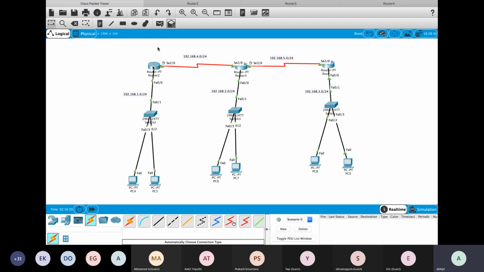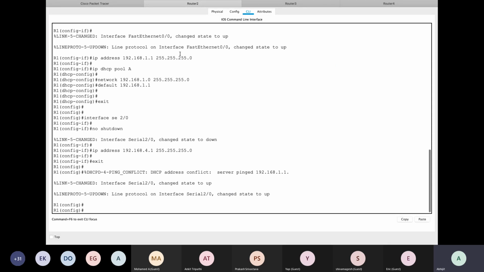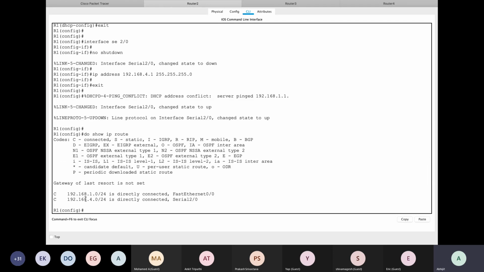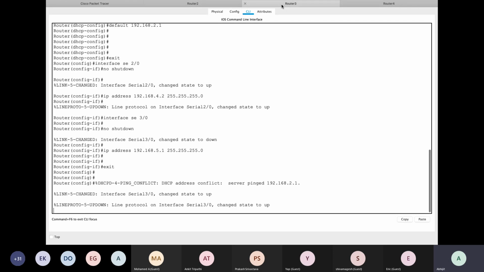So right now, if I check the routing tables of our R1, there will only be directly connected networks, right? So if I say do show IP route, we just have 1.0 and 4.0.